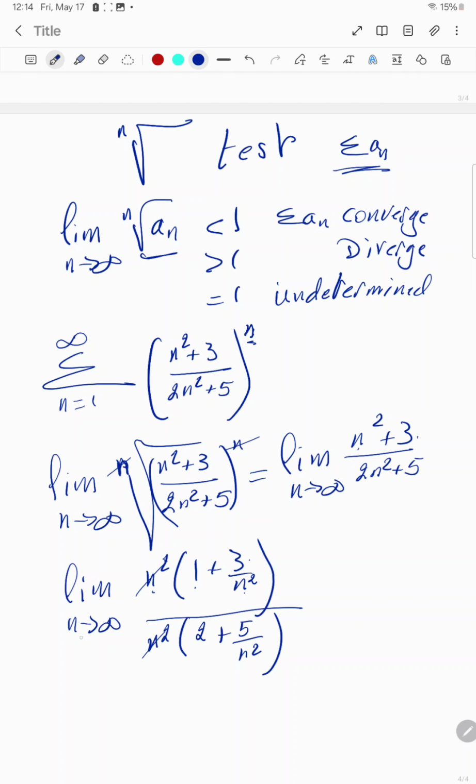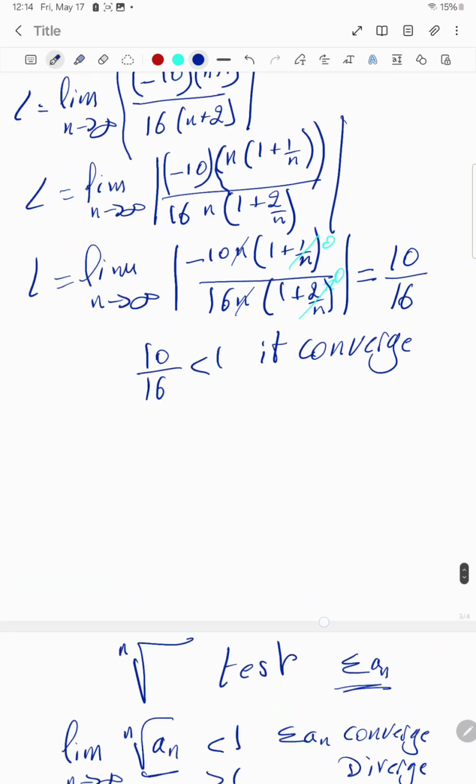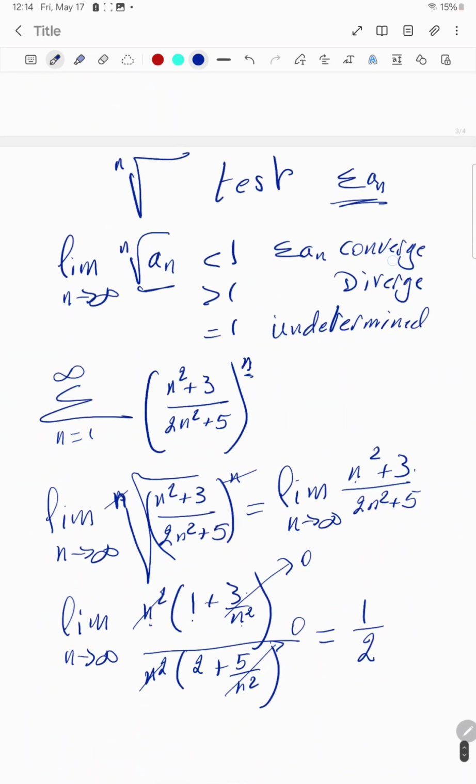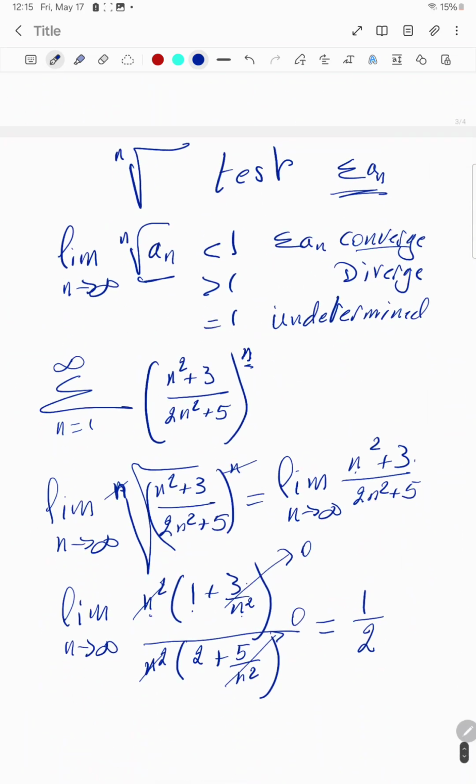When n goes to infinity, this goes to 0 and this goes to 0, so my limit becomes 1 over 2, and 1 over 2 is less than 1, and we said if it is less than 1, my series converges. So less than 1, it converges.